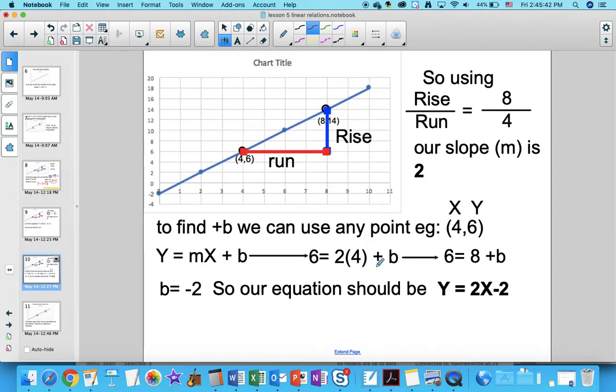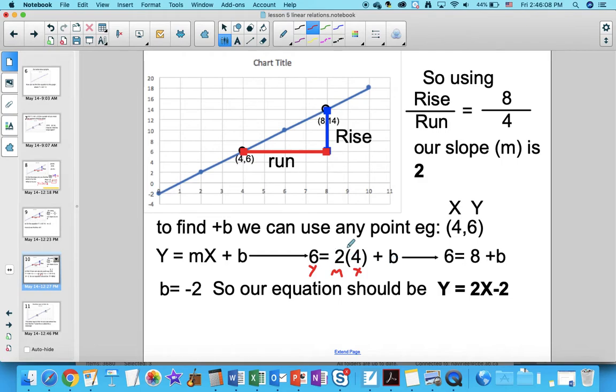So now I do my substitutions. y equals mx plus b. I know my m is 2, my slope is 2, and then I substitute my x value here. So it's 4, so that's my x. And I substitute my y value here, which is 6. So now I know 6 equals 2 times 4 plus b.